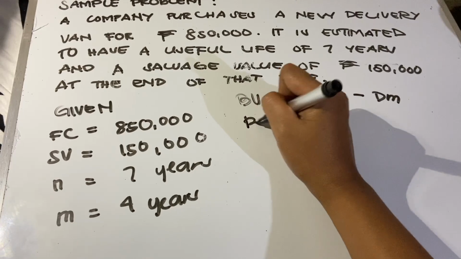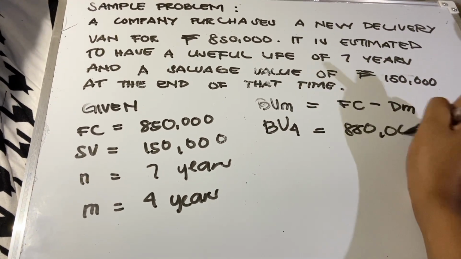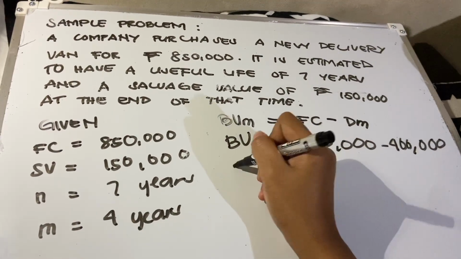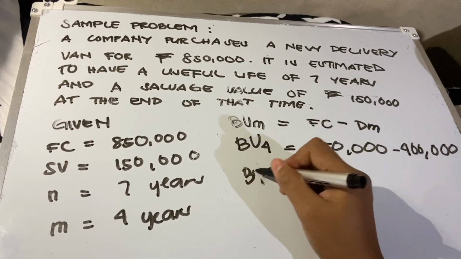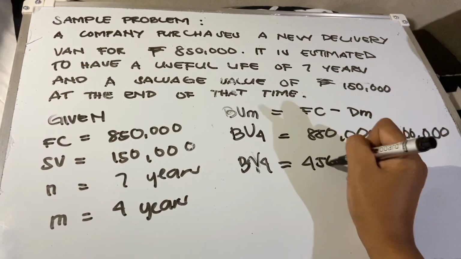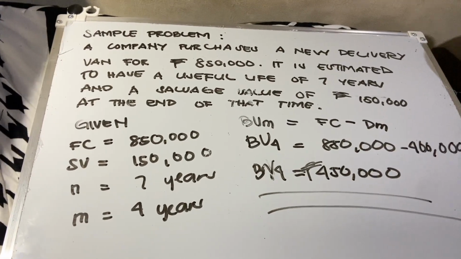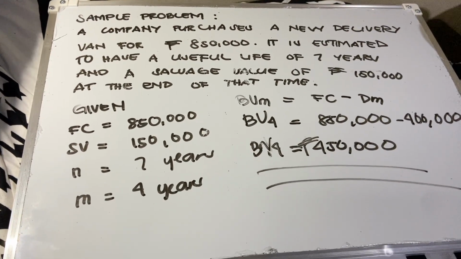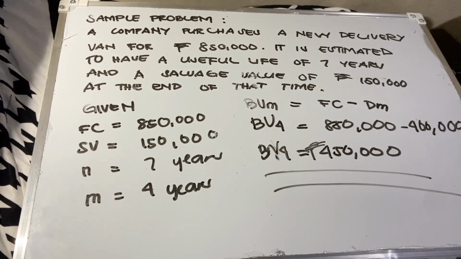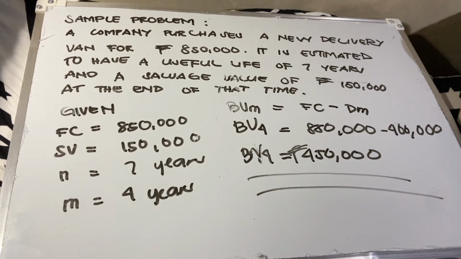So we have BV4 equals 850,000 minus 400,000, which equals 450,000 pesos. So the annual depreciation is 100,000 pesos and the book value of the van after 4 years is 450,000 pesos.